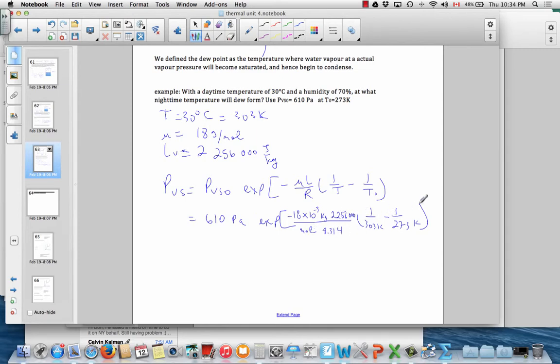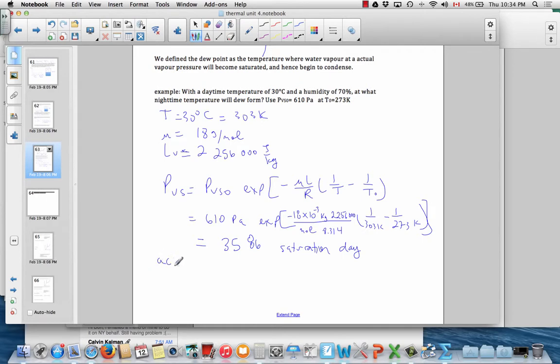So basically everything cancels out, and this exponent is nice and dimensionless. And calculating that exponent and then multiplying by 610, we get 3586. So that would be the pressure of water vapor when the air is saturated at 30 degrees C.